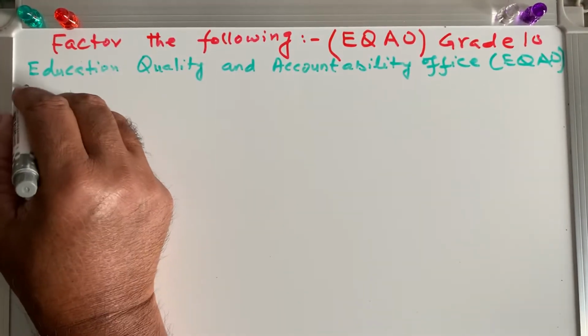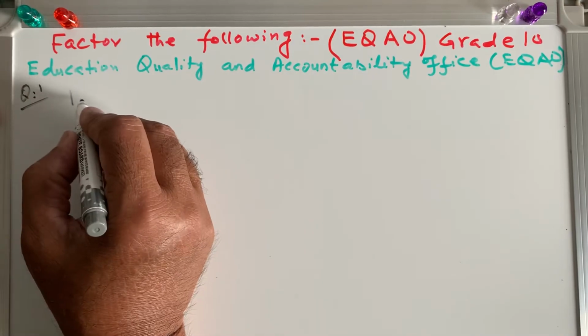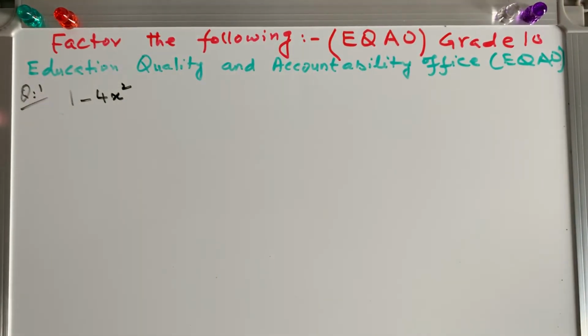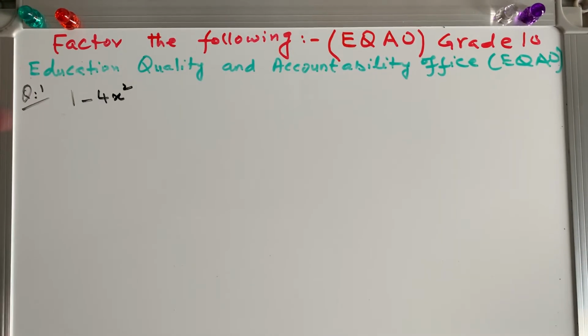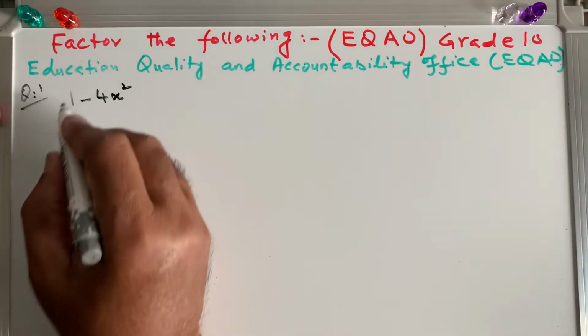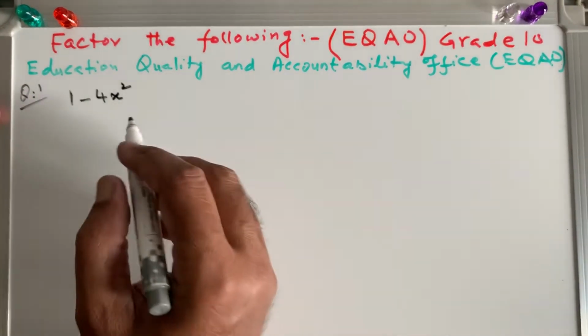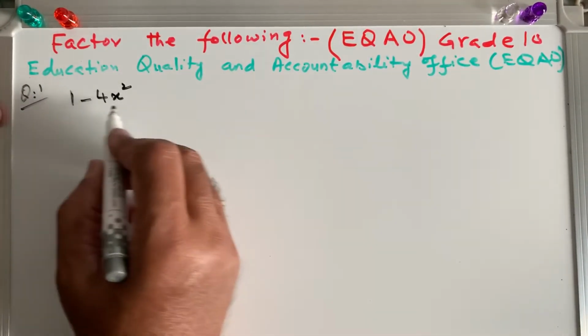One of the questions asked is 1 minus 4x square. I will tell you, we did this in grade 8 maybe, or before that. That is called difference of two squares.